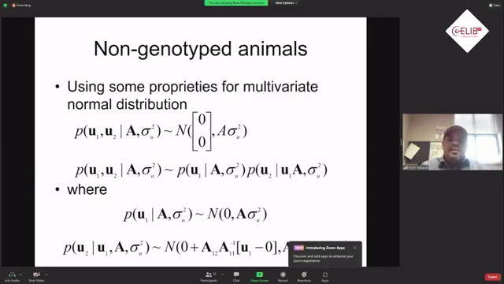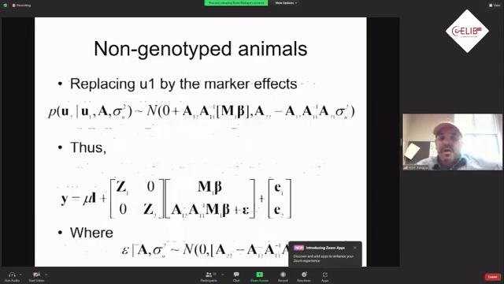And I'm not asking here to understand everything that is on the slide, other than we can write the conditional distribution of non-genotyped animals, or the genomic breeding values of non-genotyped animals, given the breeding values or the genomic breeding values of the genotyped animals and the pedigree relationship. And through that, we can impute the genotypes of the non-typed individuals.